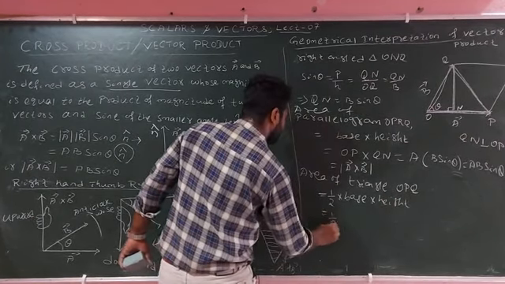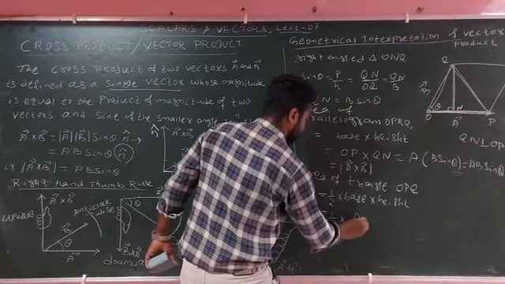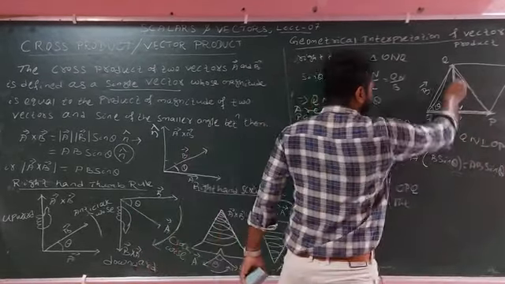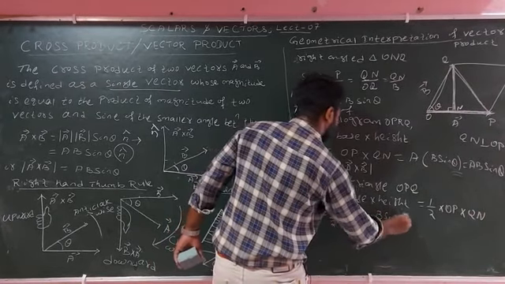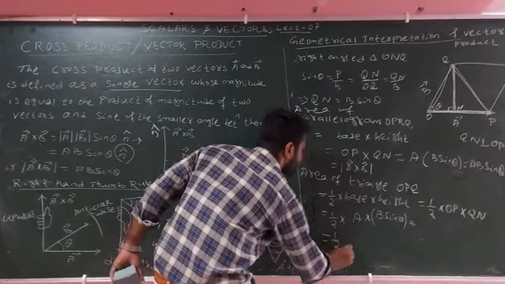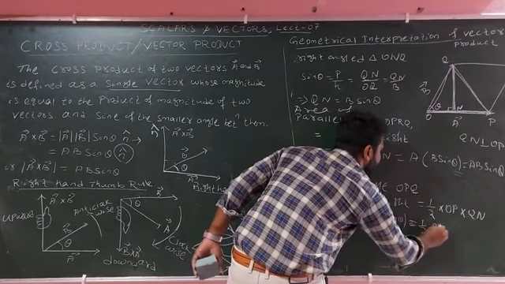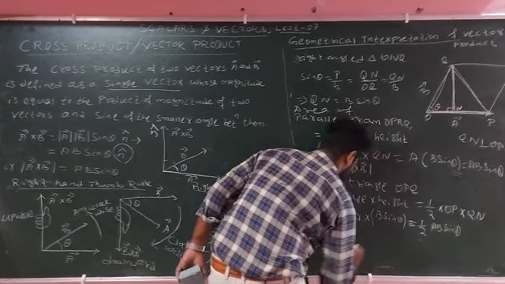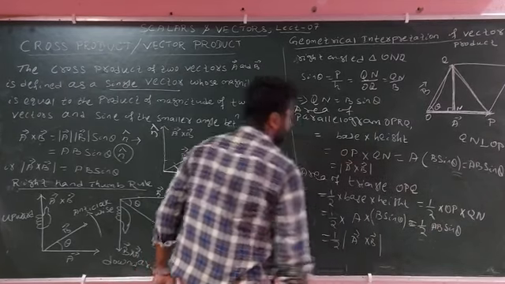Here base is OP, or A, and height is QN. So with QN being B sin theta, it is defined as half AB sin theta. Half AB sin theta means half the magnitude of A cross B vectors.